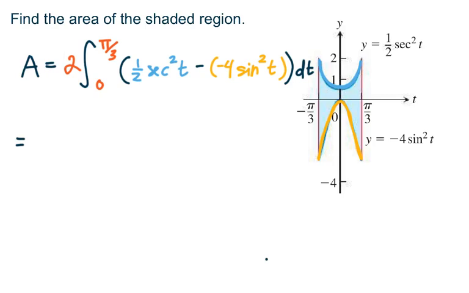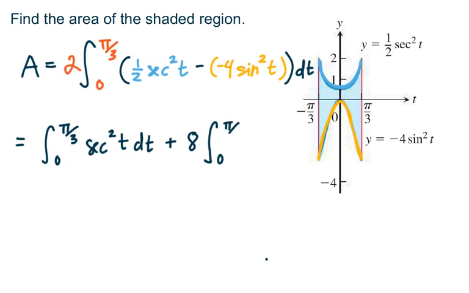So I'm going to pull the 1/2 out, and 2 times 1/2 gives me 1. So I have the integral from 0 to pi over 3 of secant squared t dt minus, and minus -4, that's going to become a plus. 4 times 2, I will have 8, integral from 0 to pi over 3 of sine squared t dt.